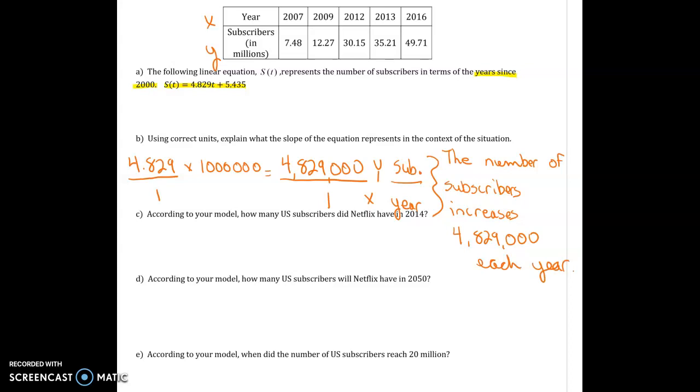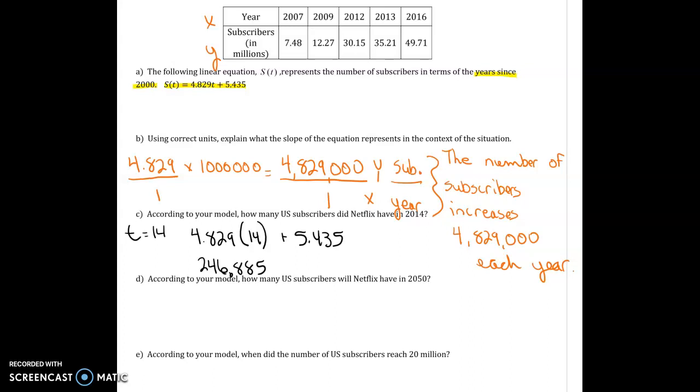All right, next, according to your model, how many US subscribers did Netflix have in 2014? So remember, our equation is years since 2000, so that means our time will be 14. So I can go back to my equation. I want to grab a calculator, put 14 in for T, and then I would go about typing that in, and once I do that, I get this number.